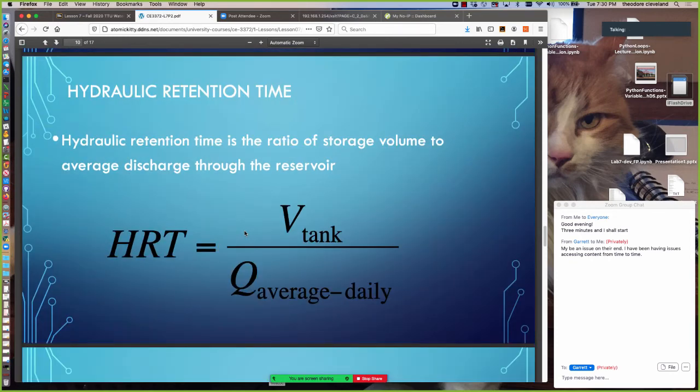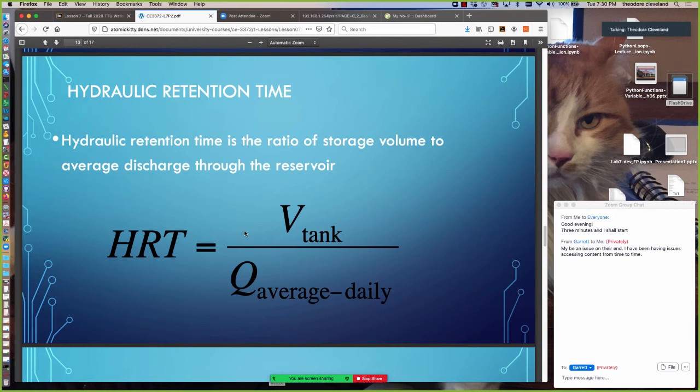Hydraulic retention time is defined as the ratio of storage volume to average discharge through the reservoir. It's shown by this equation. HRT is the acronym for hydraulic retention time, and it is the volume of the tank divided by the flow rate. If you look at the units of that, tank volumes are in length cubed, flow rates are length cubed over time, and if you divide length cubed by length cubed over time, what you have left is time.